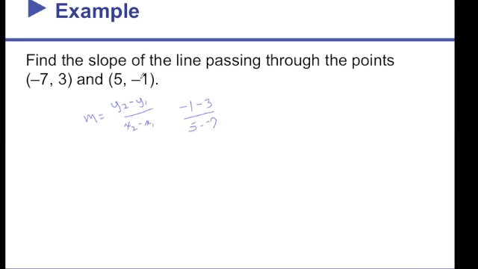Notice the y's were on top, and here's my 5, -1 together, and my -7, 3 together. This equals -4 over 5 minus -7, remember it's 12, so the slope is -1/3. We will always reduce our fractions.